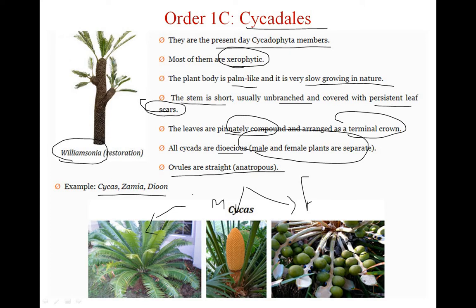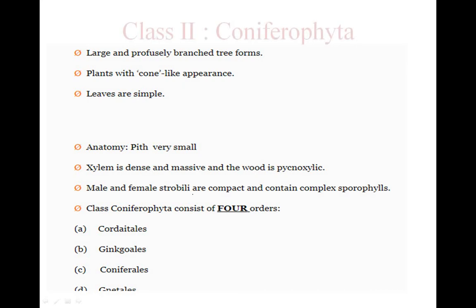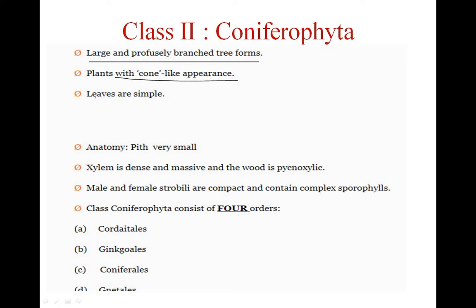Then moving to the next class, that is Coniferophyta. Up to this we have studied the first class, in which we studied three orders. This is the second class, Coniferophyta, where plants are large, profusely branched tree forms with a cone-like appearance. Leaves are simple.